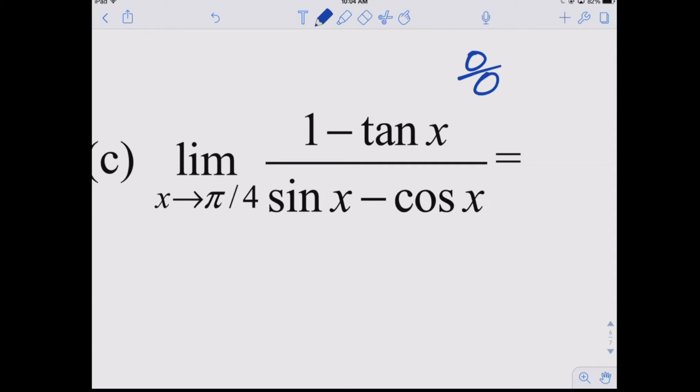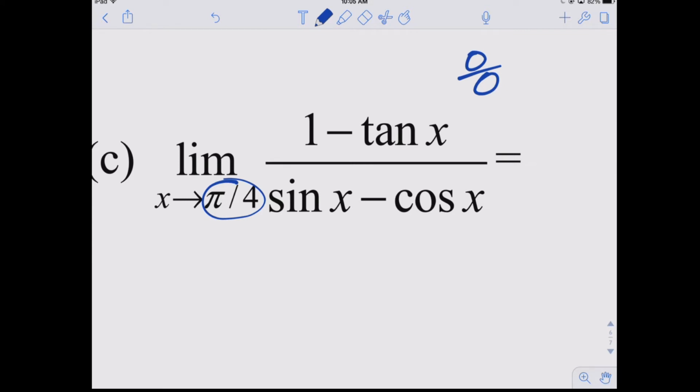Are we going to be using the trig limits, the two that we memorized? Why not, Zach? You're right, we're not. You said no. I thought that was no. You're right. No. To use the ones we memorized, Zach, we have to be approaching what number? 0.